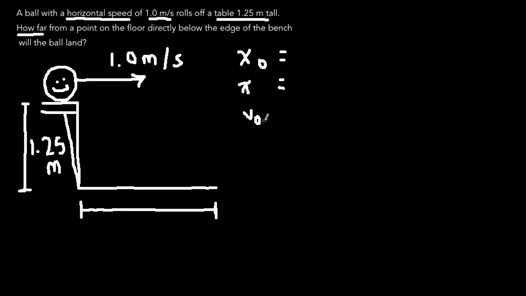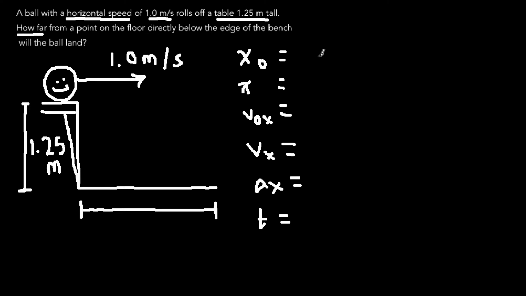We also need a v naught in the x direction, so the velocity at the beginning in the x direction. We need velocity at the end in the x direction. We need acceleration in the x direction. And we need time. There's no such thing as time in one direction versus another, so it's just time.